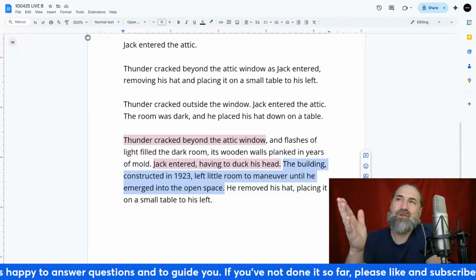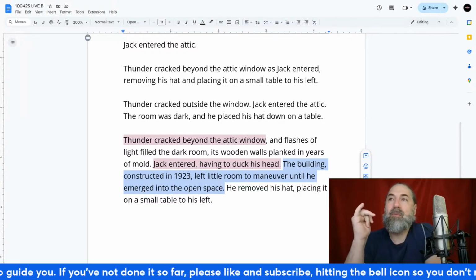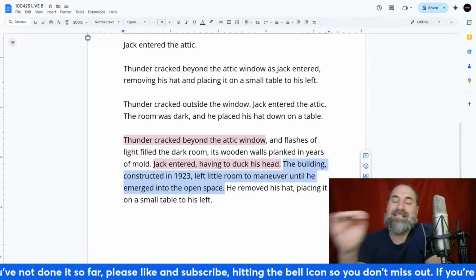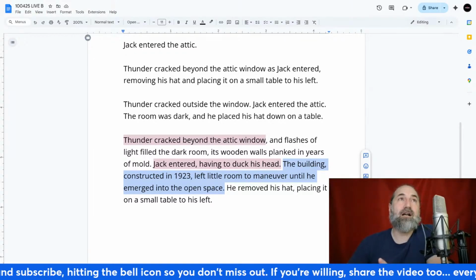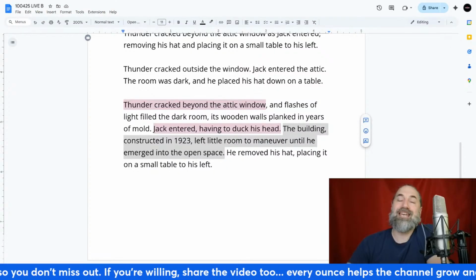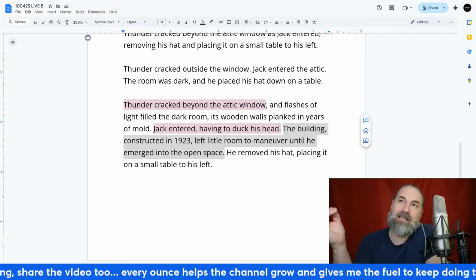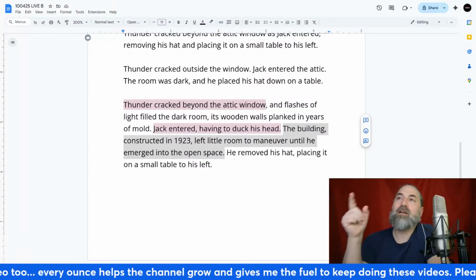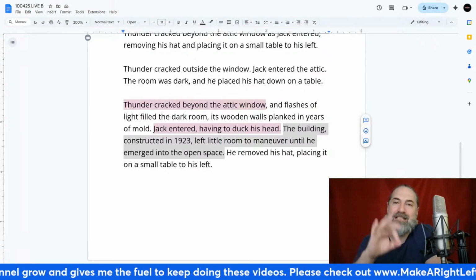If it is third person omniscient, this line would get a pass, but it is still not doing the work needed to maintain forward momentum. Just like Jack explained earlier, this would be effective if Jack was going to leave the room later and hit his head. Or the building constructed in 1923 then comes up within the scene as a payoff.